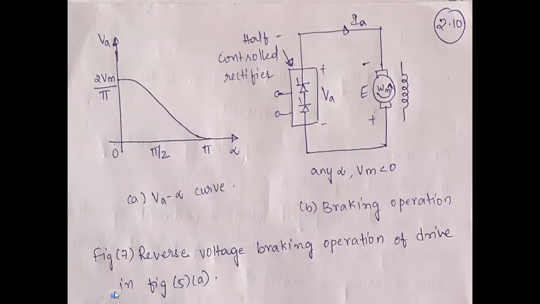The operation of the drive in equations 15 and 16 is in quadrant 1 only, so the drive will not produce any quantities in quadrant 4.